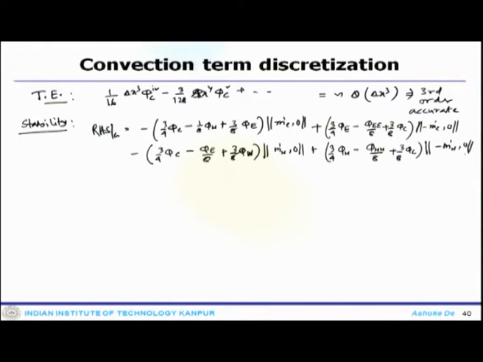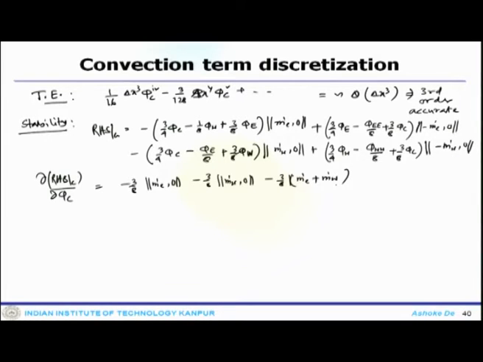So, to get the stability limit check, you take this right hand side term with respect to del phi C, which will turn out to be 3/8 m dot e minus 3/8 m dot w minus 3/8 (m dot e plus m dot w).